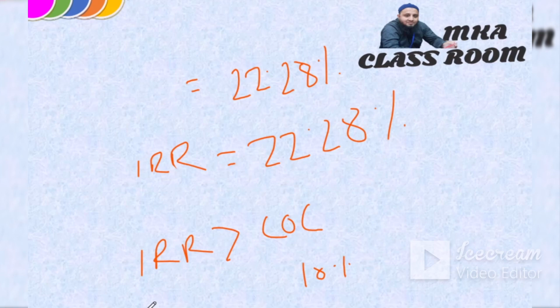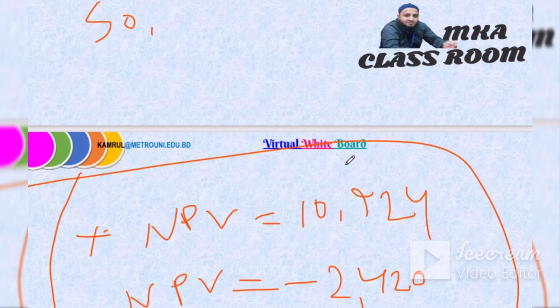So there are the IRRs of project A and project B. Project B has an IRR of 22.28% and project A has 19.88%.